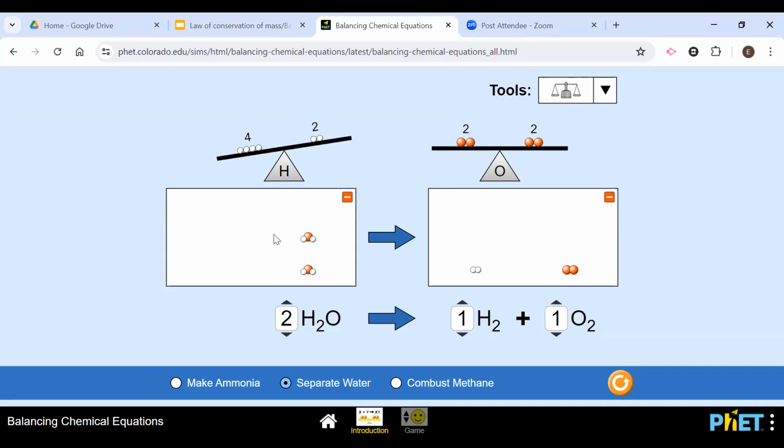Now I have 2 on both sides. Now this is 4, this is 2. So what do I do? I'll add more of this. No, I'm sorry, I added the wrong one. I add this, you see that? Now this follows the law of conservation of mass. There's 2 here, there's 2 here. This makes it very clear.